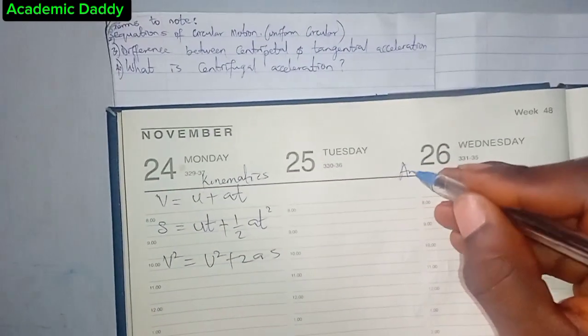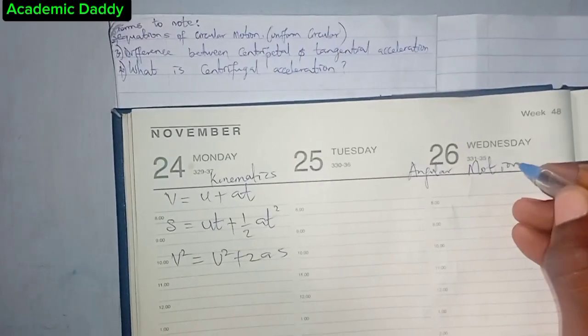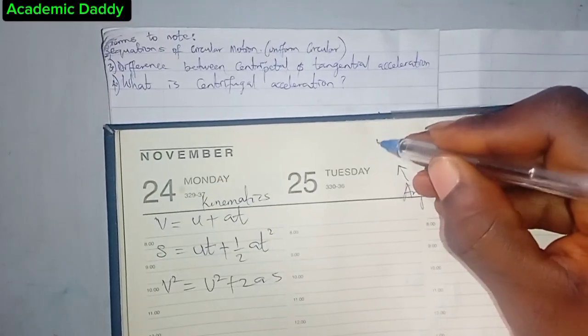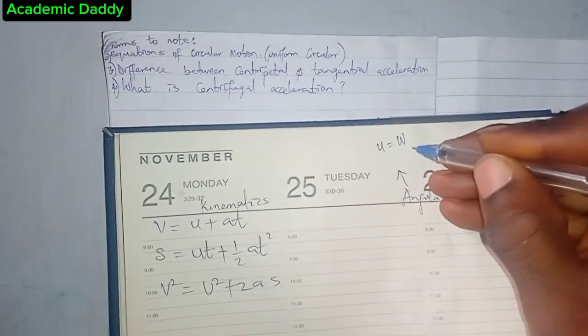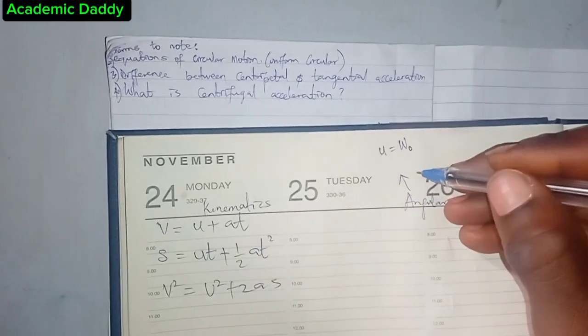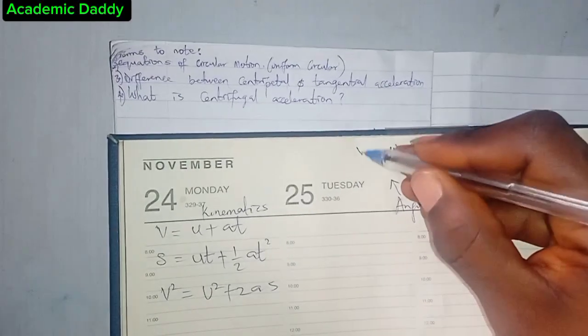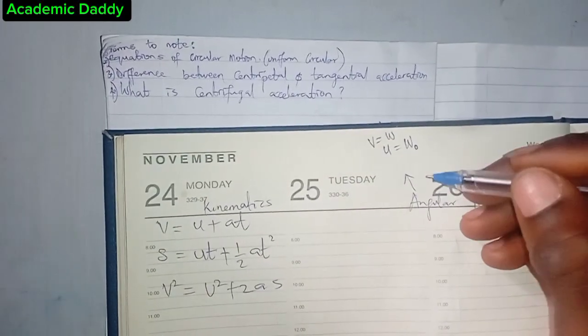Now for angular motion, what you just need to do is to remember first of all that in angular motion, what you call u, that is velocity, is represented with this, which is angular velocity. And this one we have w0 for initial angular velocity. Then what you call v is represented with w, which is final angular velocity.